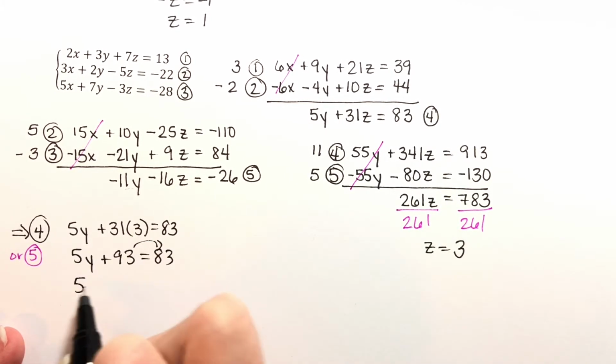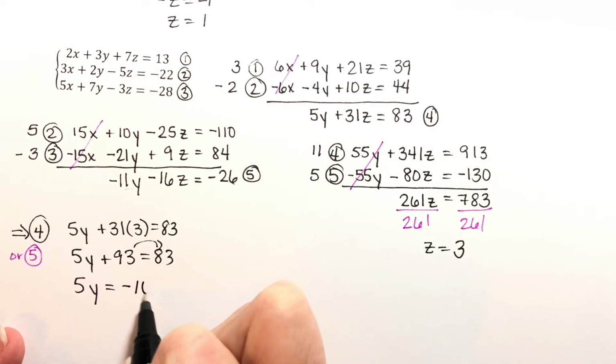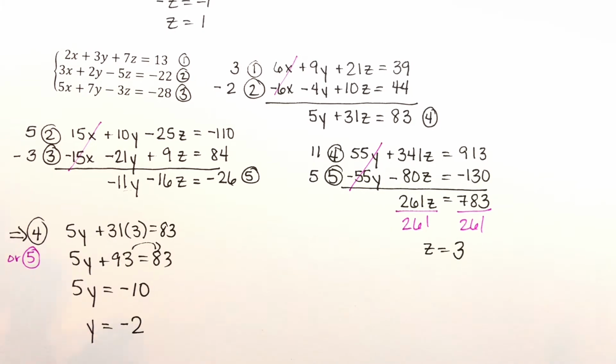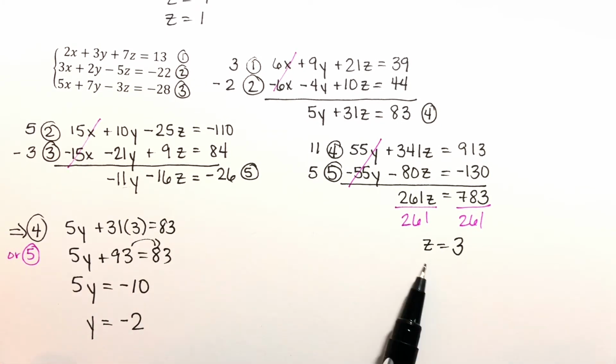Subtract, 5y is equal to negative 10. Divide both sides by 5, so you get y is equal to negative 2.